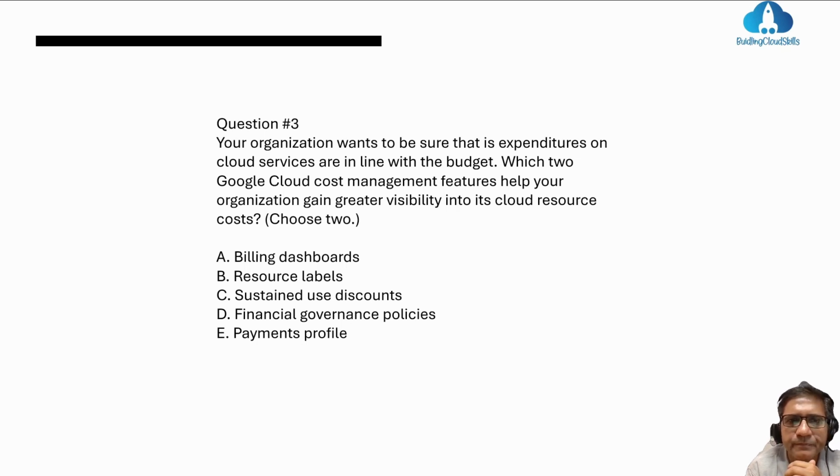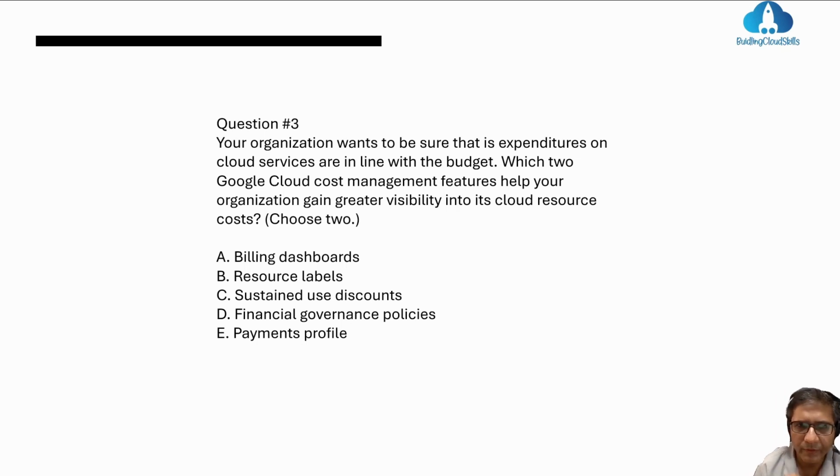So that's completely different. Sustained use discounts is a type of discount available on compute usage. We'll talk about discounts on compute in the compute section. But this has nothing to do with your budget or visibility into your cost. So A and B are your right answers.